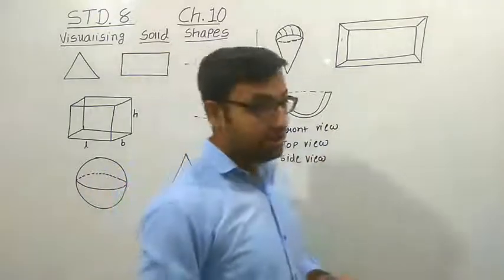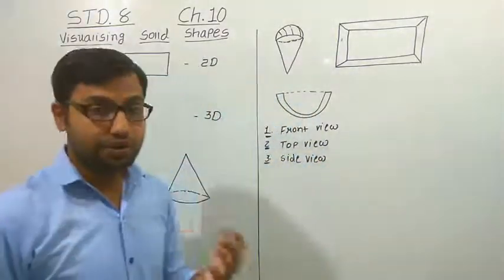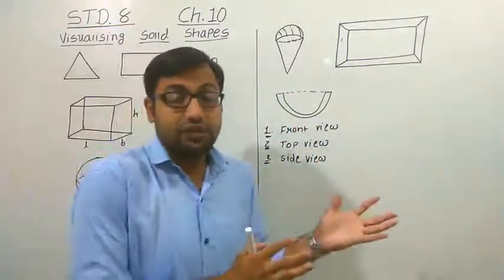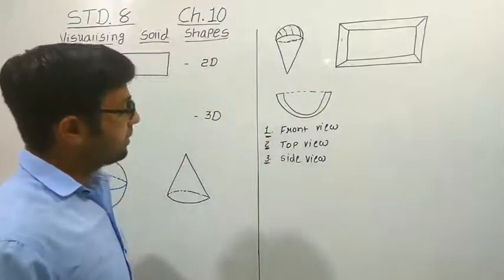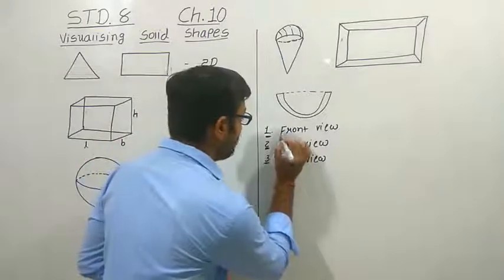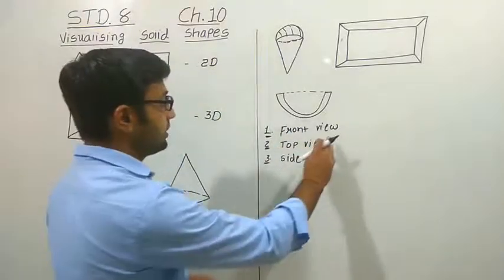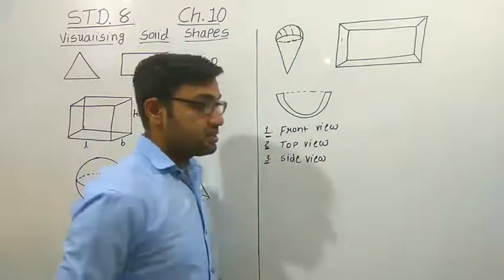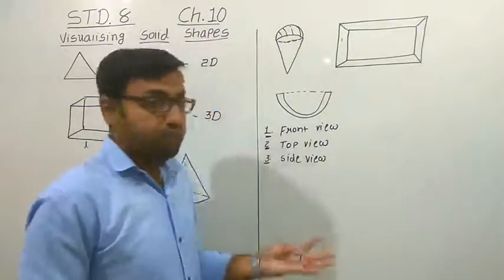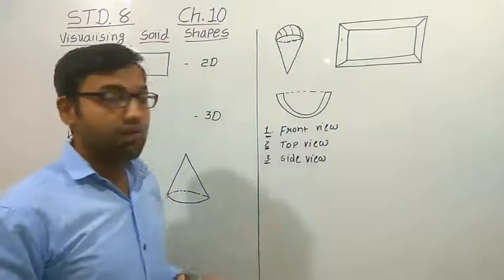Because every solid object, if we observe it from a different side, will look different, right? So we can classify the observation or views into three different parts: the front view, the top view, and the side view. From different perspectives, they look different.